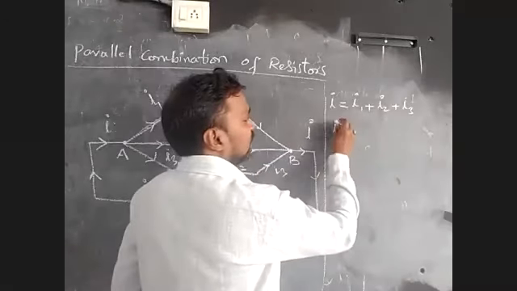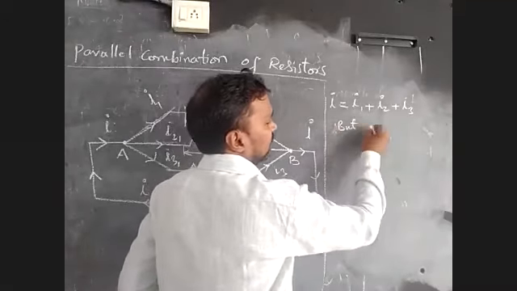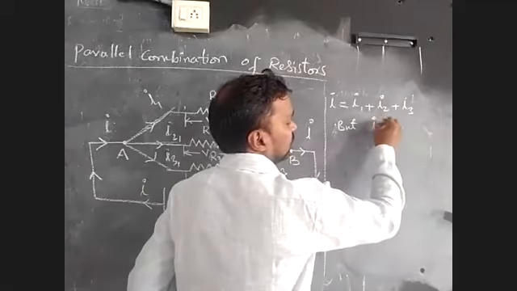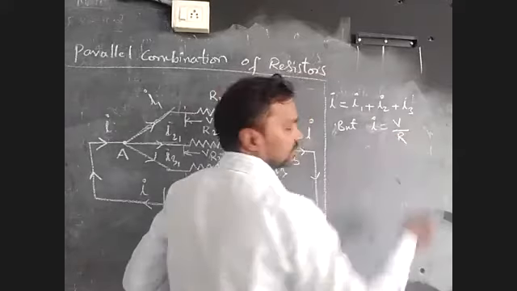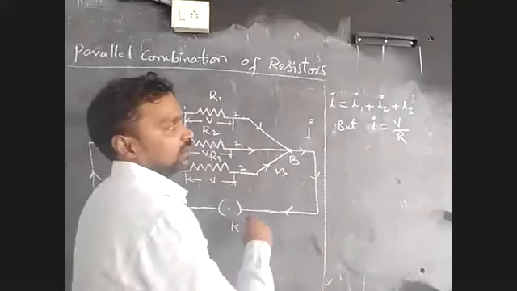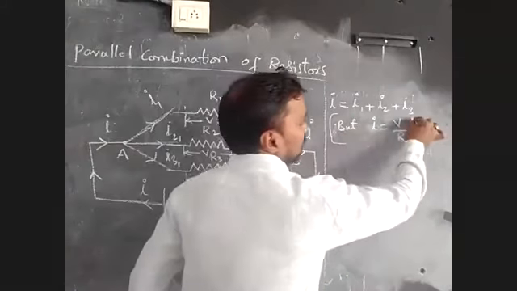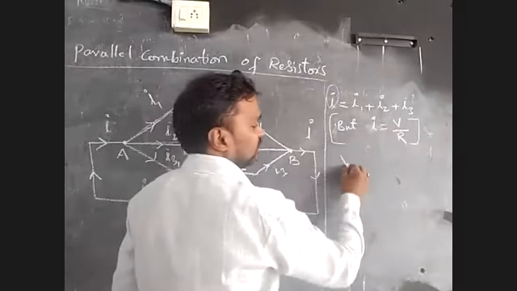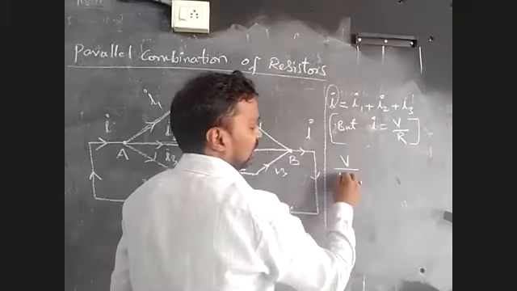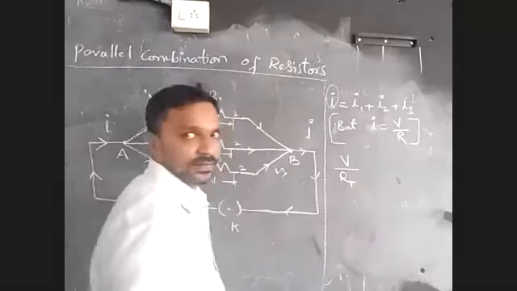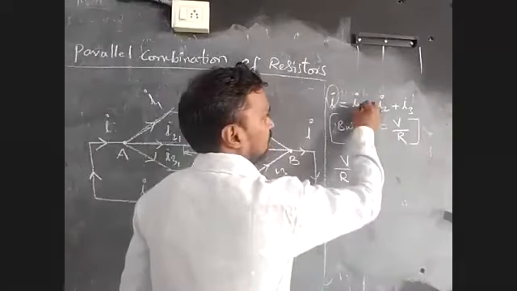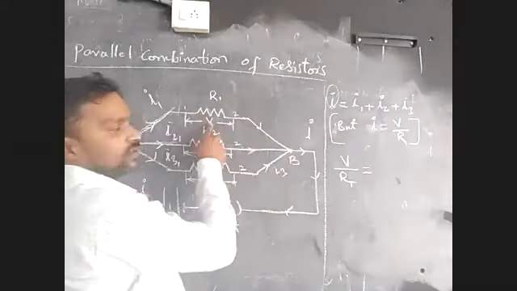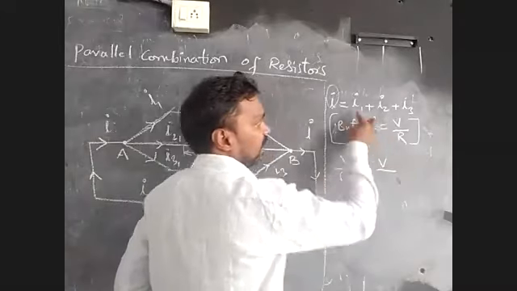Therefore, according to Ohm's law, V is equal to IR, and I is equal to V by R. So this you have to remember. In the place of I, I am substituting V by R. This is the total current, so I write V by RP is equal to, for I1, V is the same across R1.